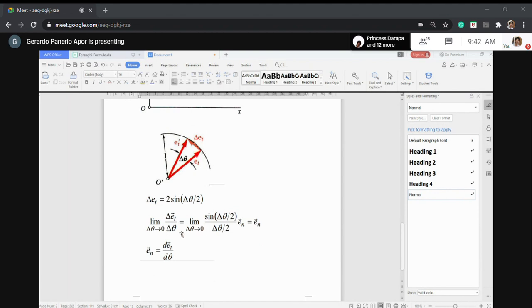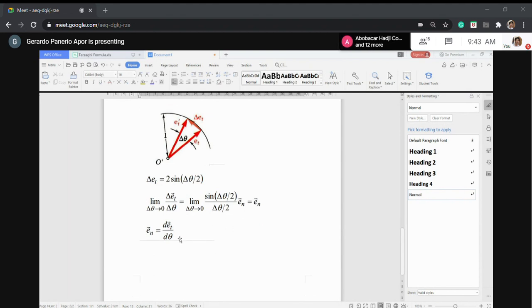Okay. Now, we take the derivative of that with respect to theta, so the limit as delta theta equals 0. Meaning that if delta theta is very, very small, this is the derivative, actually, delta theta over 2. So this is what they call the normal component.